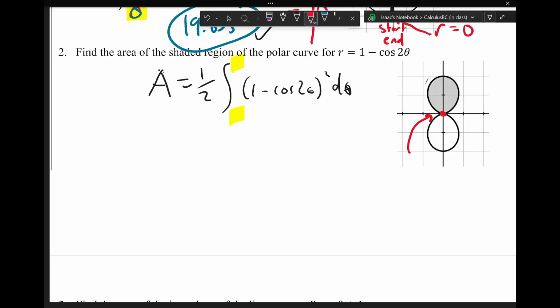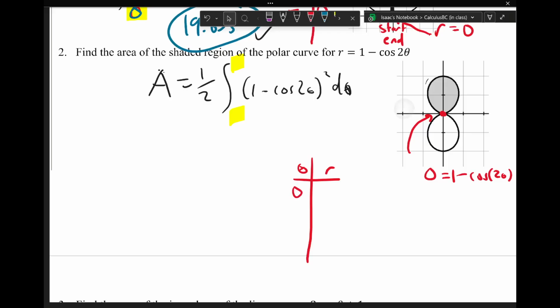And then again, you could do 2 ways here. You could try to set r equal to 0, and you could solve this. This 2 next to the theta complicates that quite a bit. But that could work. Or you could try to make a table, and you could just try to inch your way to the right angle. So I'm going to guess that probably when theta is 0, r is 0.